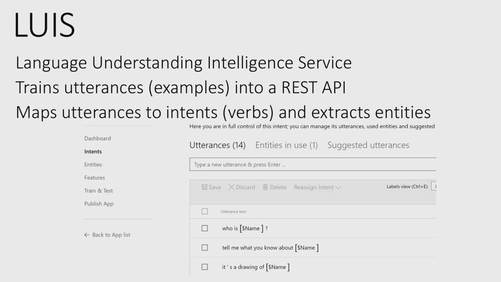OK, and what is the LUIS service? The LUIS service is basically natural language processing. It means that we can train a service, or a model, through examples, also called utterances. We establish intents or intentions. OK, the user wants to log in.